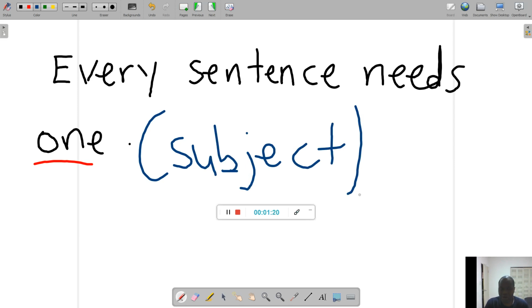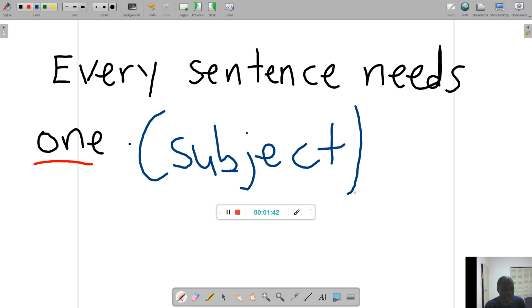This is a grammatical rule. Just as we said when we were dealing with vocabularies, every word must have a vowel. So there should be a vowel in every word. The same thing over here.